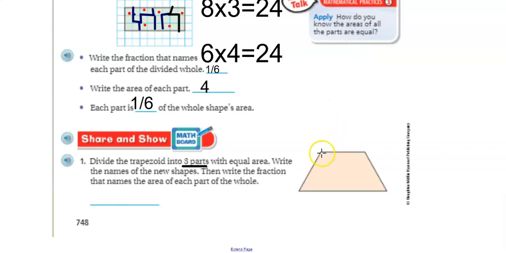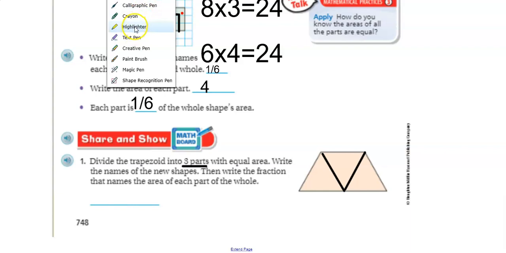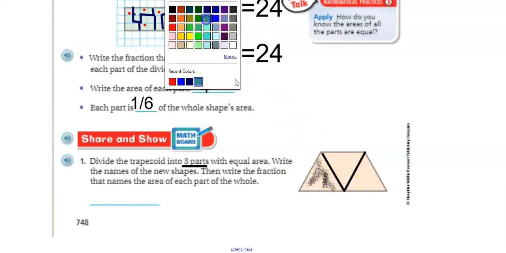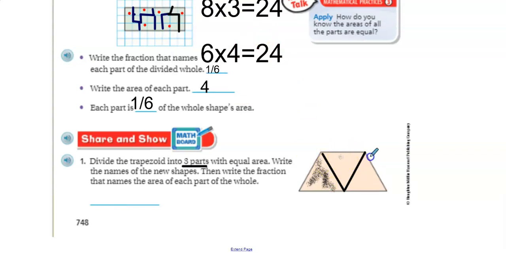All right, hopefully you came up with 1, 2. And if you look, you now have 3 parts that are the same. So if you look here, this is equivalent to this, which is equivalent to this.